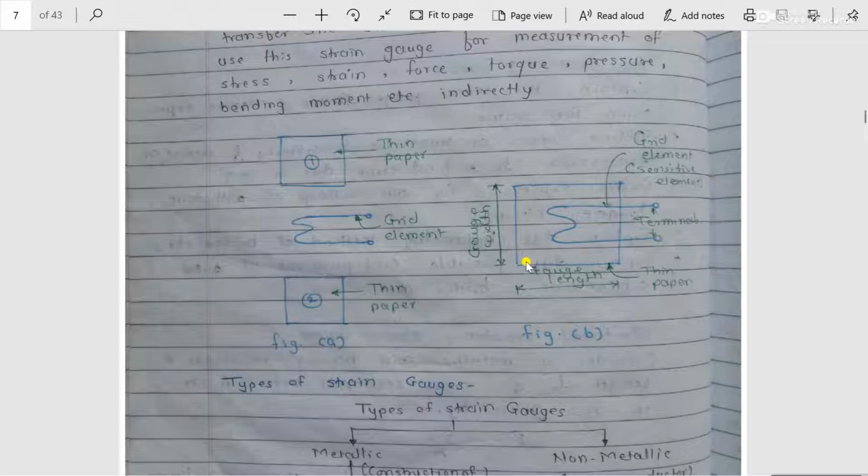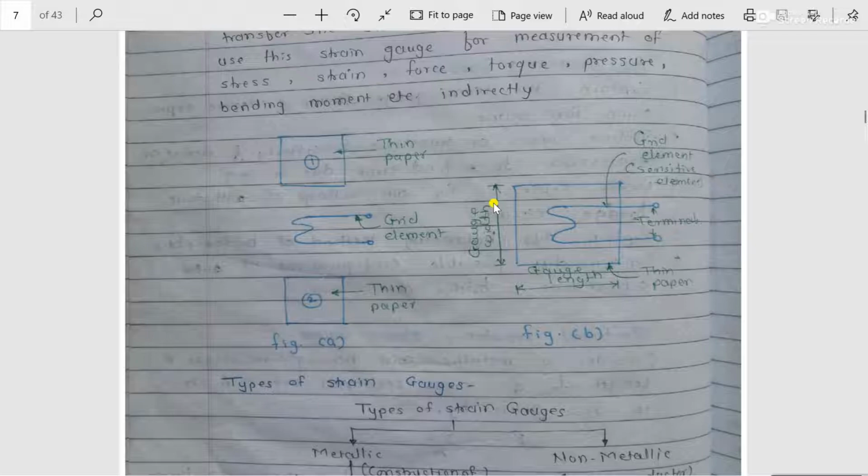With such small dimensions, it is very difficult to handle. To avoid that situation, these grid elements are provided in between thin paper 1 and thin paper 2, and then at the end you get the strain gauge in this condition, which is indicated by figure B, and due to these thin papers, I can handle this strain gauge very easily.